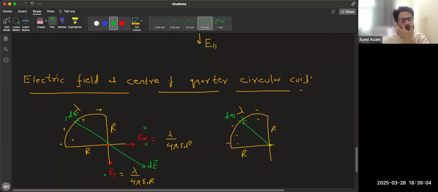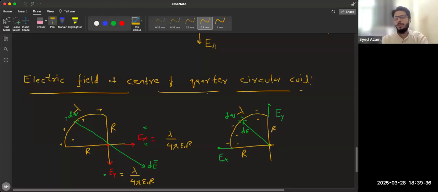Positive x, negative x, positive y, negative y? See, this is dE, right? If you take the y component of dE, it will be upwards. And the x component of the field, positive x-axis or negative x-axis? Negative x-axis. So see, the directions of the field are reversed.